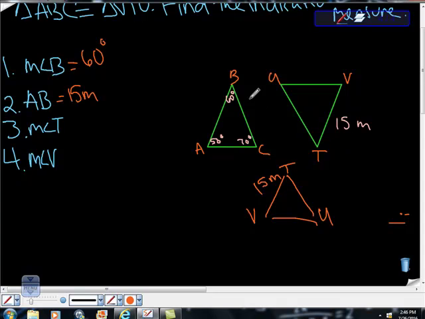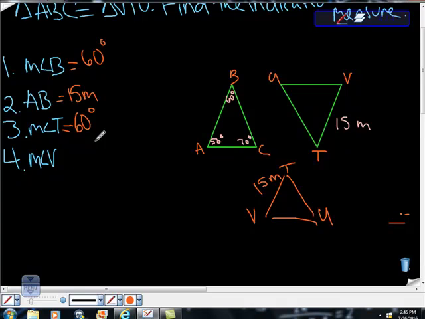So if angle B is 60 degrees, angle T is also 60 degrees, because we already know the triangles are congruent, so their angles are congruent as well. Angle B is congruent to angle T, and angle B is 60, so angle T is 60 as well.